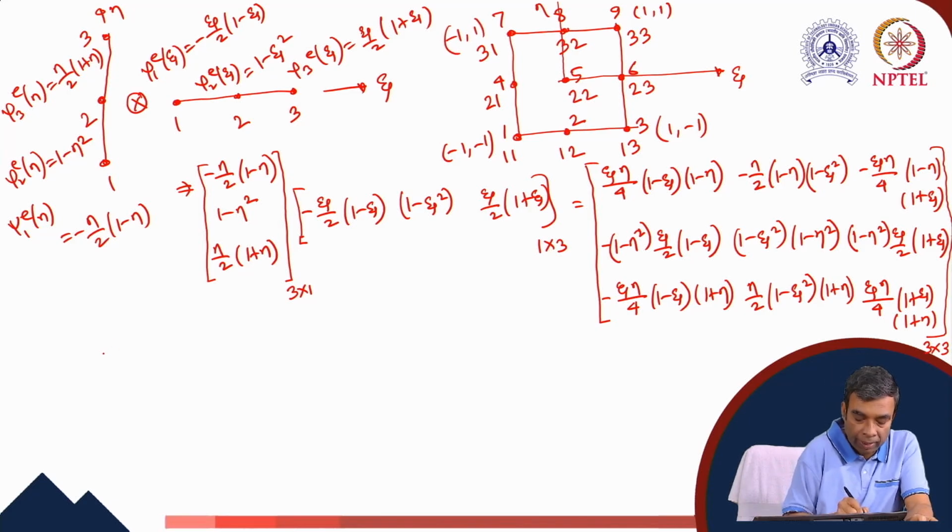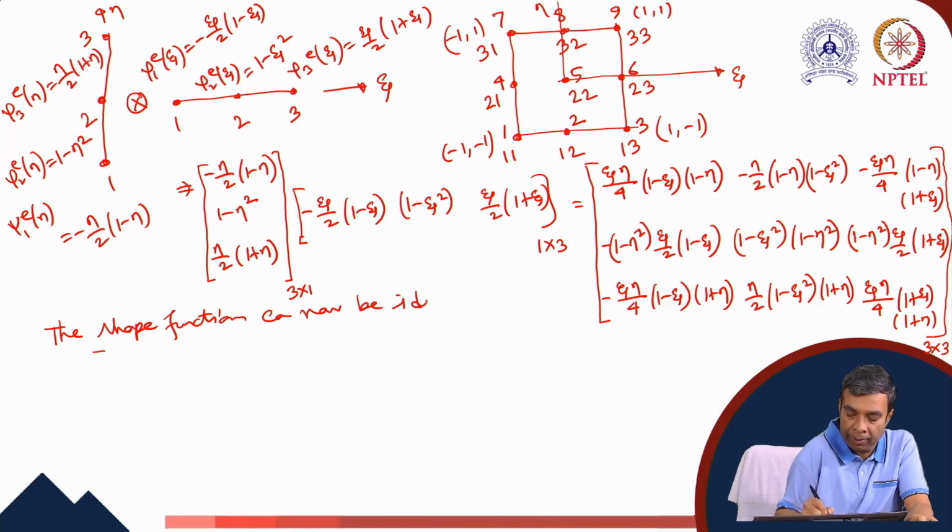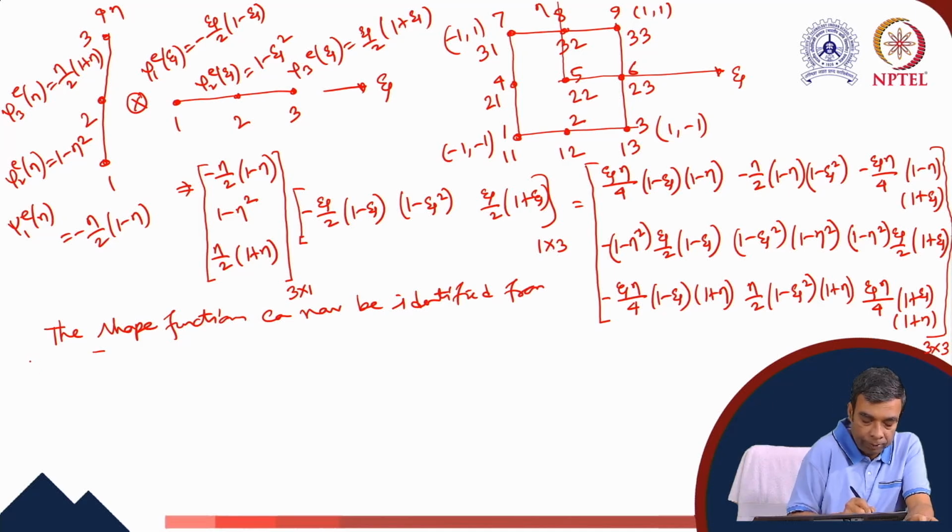So our structure of the matrix form, the shape functions can now be identified from 1, 1, 1, 2, 1, 3, 2, 1, 2, 2, 2, 3, 3, 1, 3, 2, 3, 3.